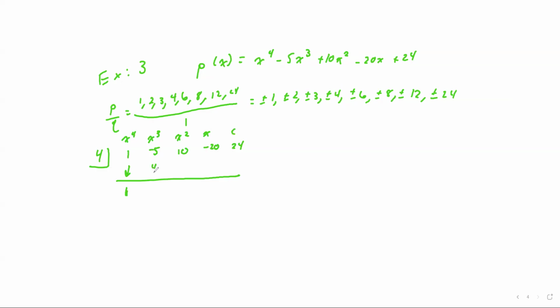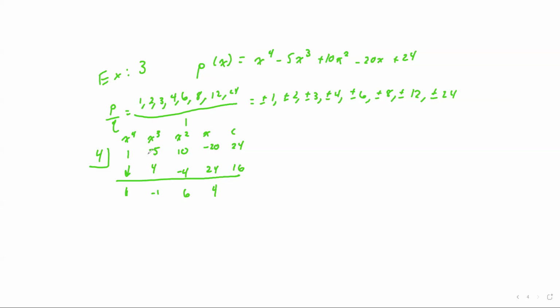So 4 times 1 is 4. -5 plus 4 is -1. 4 times -1 is -4. 10 plus -4 is 6. 4 times 6 is 24. -20 plus 24 is 4. And then 4 times 4 is 16. And then 16 plus 24. Did I do that right?